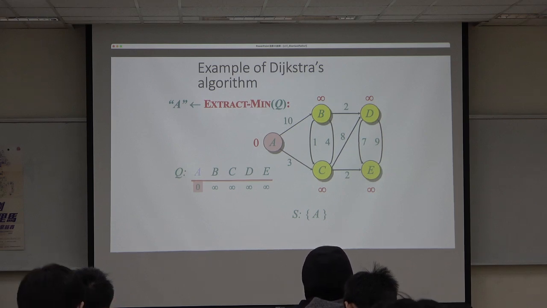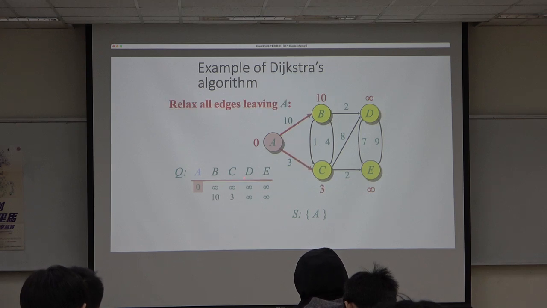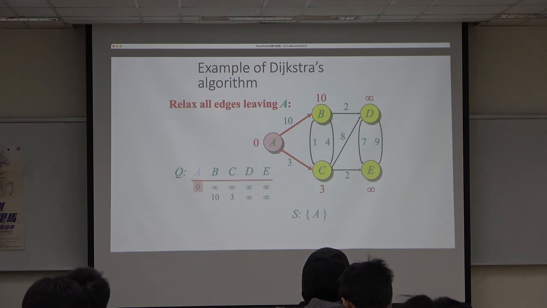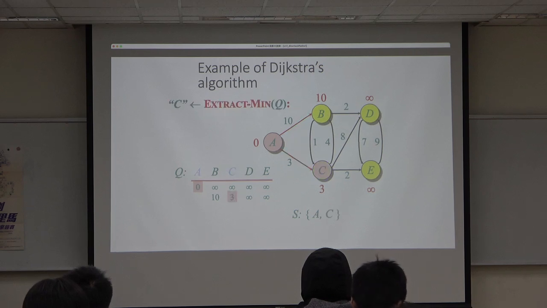And then we update B and C values from infinite to 10 and 3. The next node you extract from the priority queue will be C, because C has the key 3. So the next node that you will include in the set S will be C.